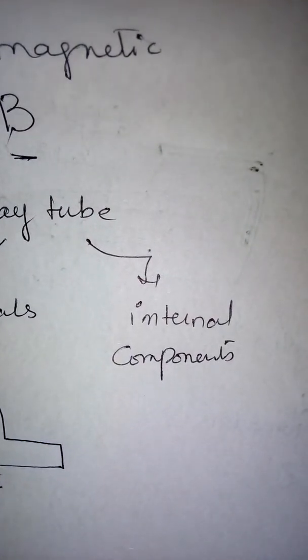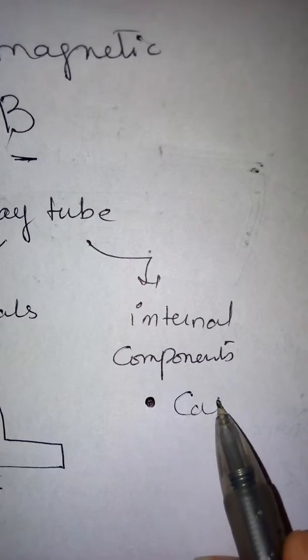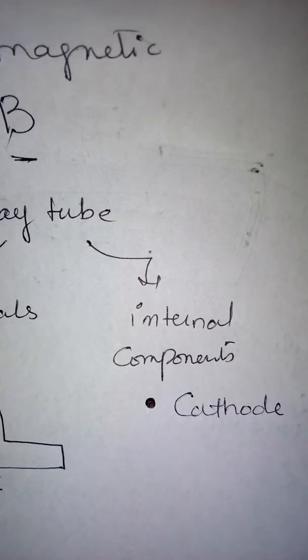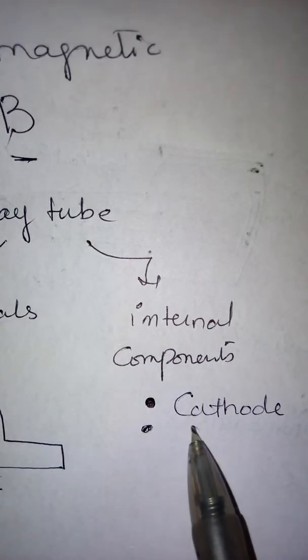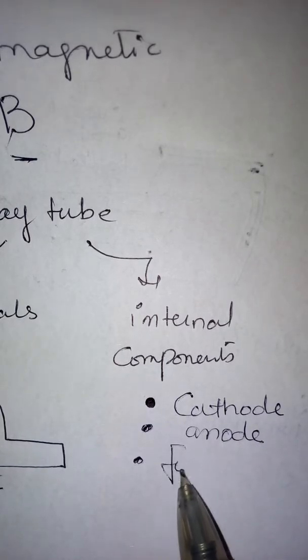Now, internal components. What are the internal components of the X-ray tube? Most important, the cathode, then anode, focusing cup.